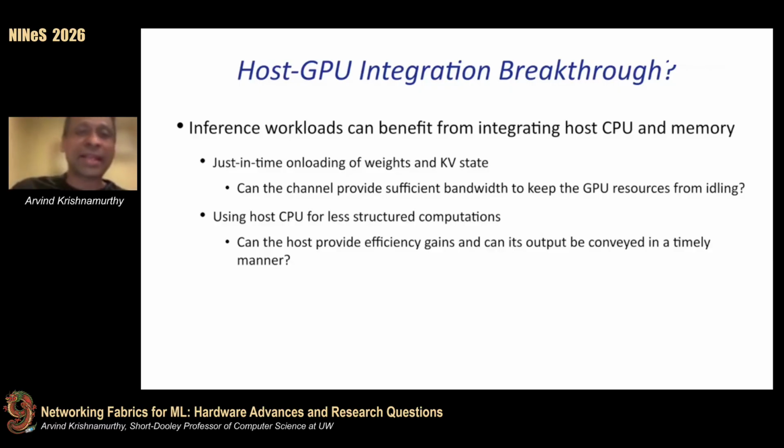Can we integrate the host-side CPU along with the GPU computation such that it can perform certain irregular sparse computations? And if you can do that and take advantage of the cache coherence between the host-side CPU and the GPU, then we might be able to enable efficiency gains and integrate the CPU computing capabilities in a meaningful way.